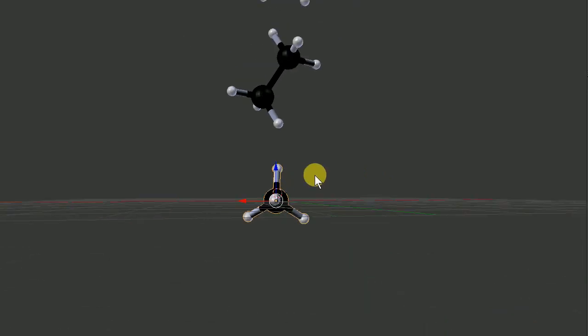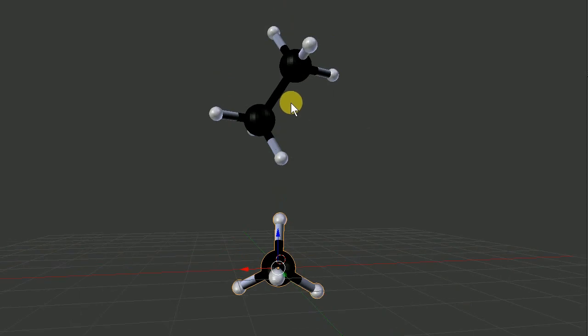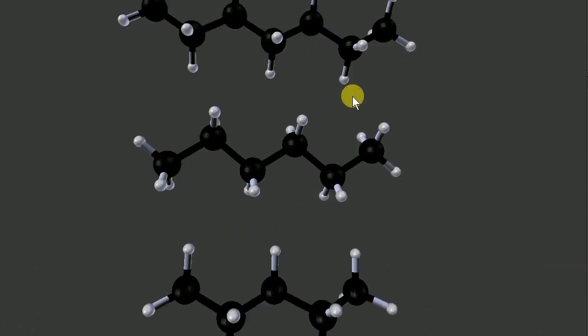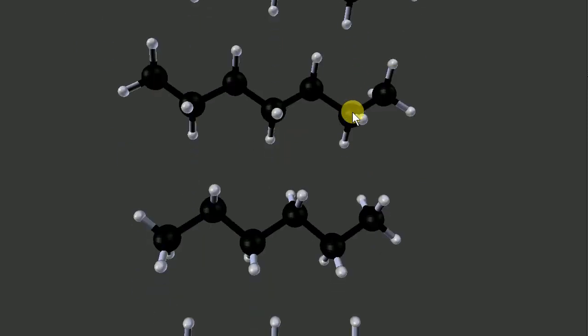So this becomes really important because from there we can look at, well, methane is obviously going to have fewer electrons than ethane, and a lot fewer than octane, which has 82 electrons. So this means that octane is going to have far stronger intermolecular forces than methane.